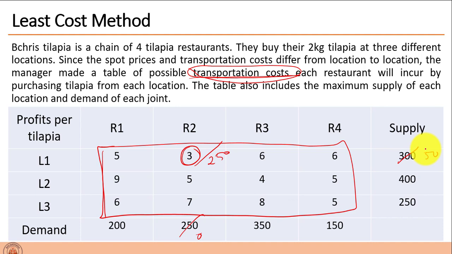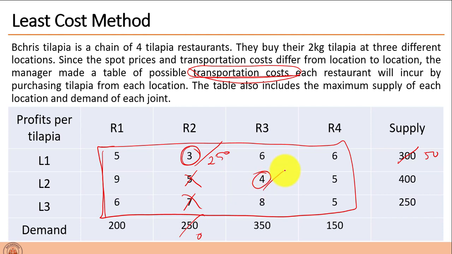If I have provided all that R2 needs, then I can cross out these two because they don't need anything more. So L2 and L3 don't have to go to that place again. The next least cost is 4, that is L2 providing R3. How many are they providing?